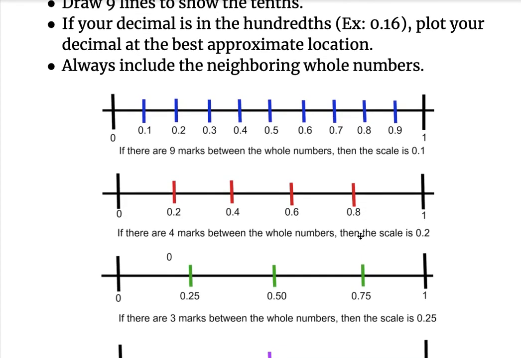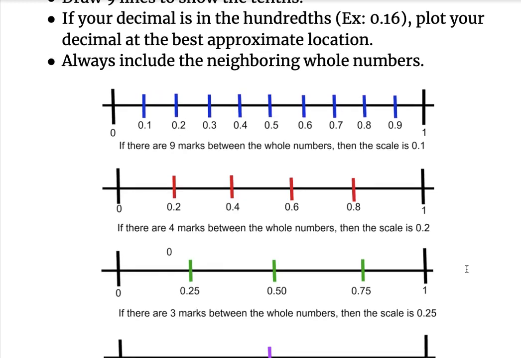Similarly, if you are going to go by what we call like the quarter numbers, like 25 cents, 50 cents, and 75 cents, then you would only draw 3 lines because there's 4 quarters in a dollar, so you have 1 less. So that's if your problem is just dealing with those types of numbers.